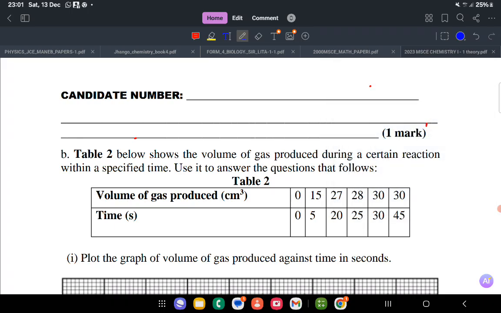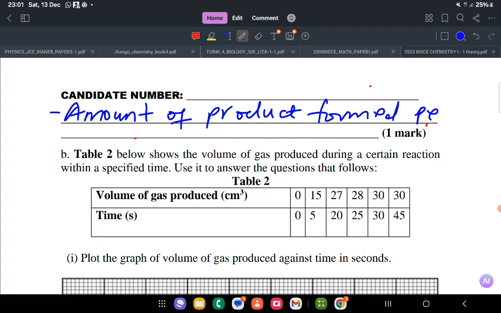You can also define a rate of reaction as amount of product formed per unit time. That's also a complete definition of rate of reaction.